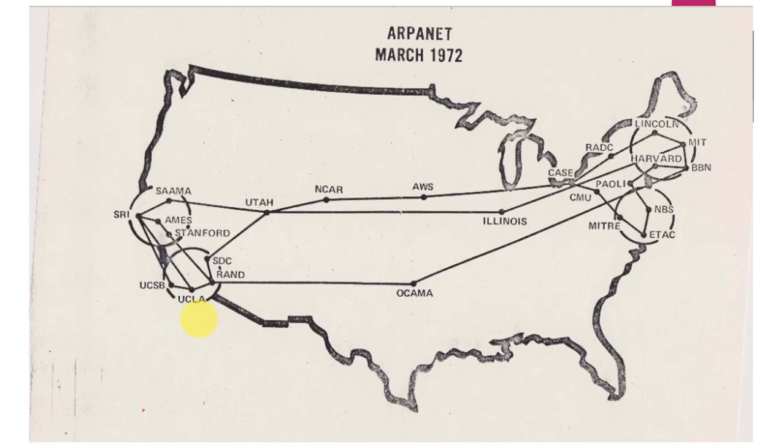You can see this network is so built that it can survive in case one or two lines are damaged, and the flow of information can still be carried out through the ARPANET, right? Now you can see how it was in 1972. This network was developed for military purpose by the US in collaboration with France and Britain.